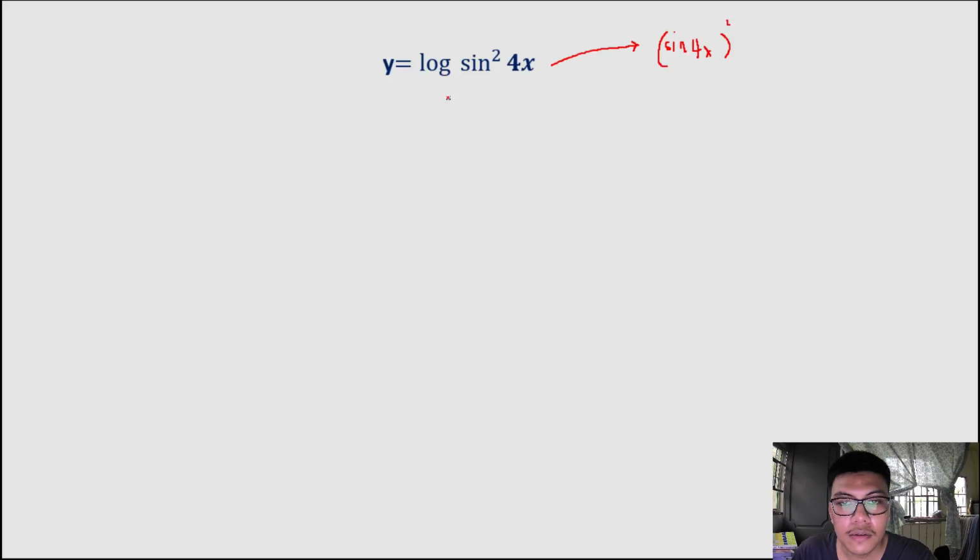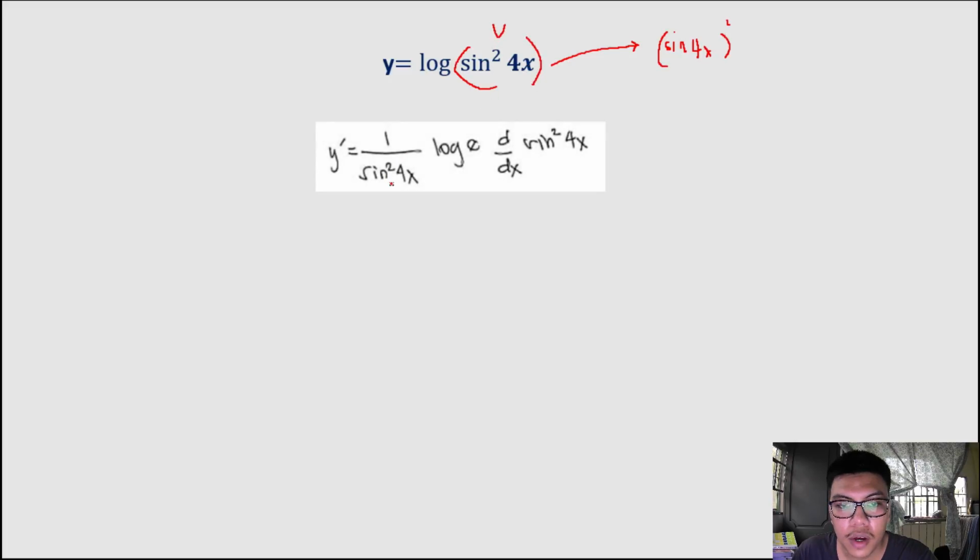So now we have, okay, sundan lang natin formula. So ito yung ating u dyan, ano? Yan yung ating u. So 1/u, so 1/sine squared 4x times log e times the derivative of sine squared 4x. Okay? So, paano mag-derive ng ganito? Di ba? Naalala, general power lang, n times u raised to n minus 1 times the derivative of u, di ba? With respect to x.